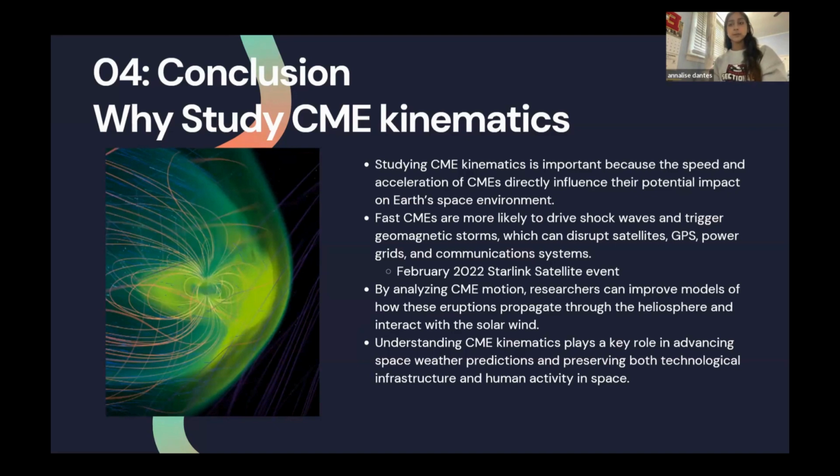One such example was in February of 2022, where a particularly powerful CME occurred that caused a geomagnetic storm around Earth. And because of that, 38 Starlink satellites were lost just because of how powerful the interference was.